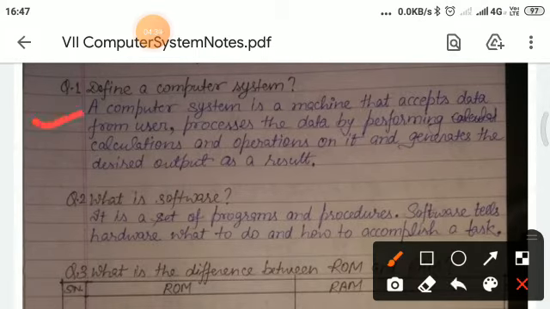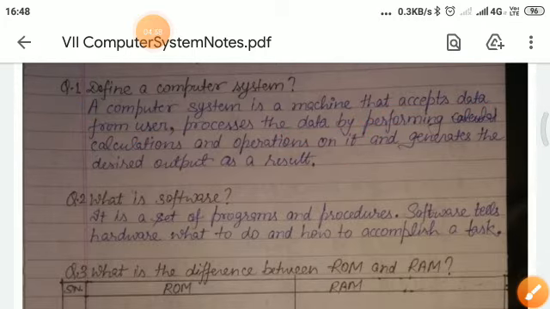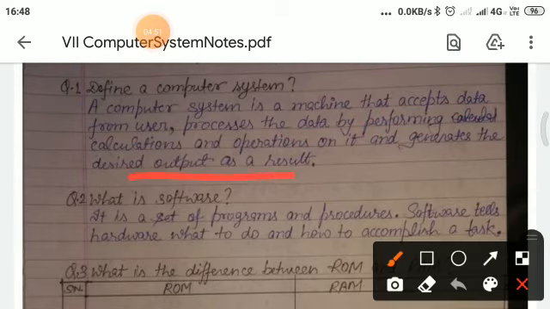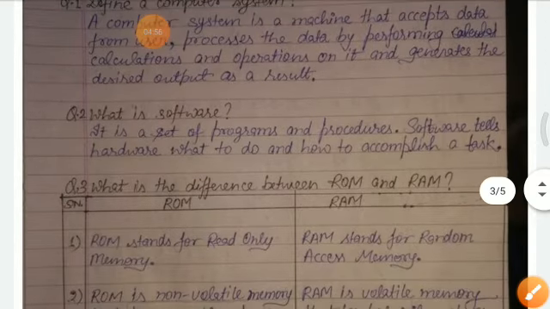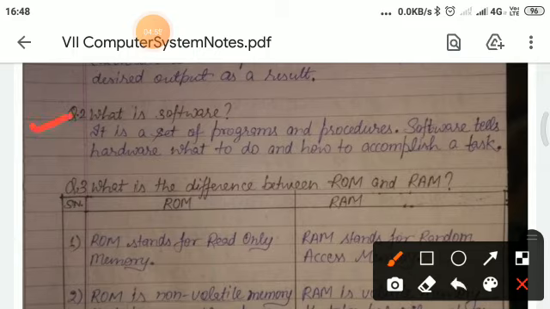A computer system is a machine that accepts data from user, processes the data by performing calculations and operations on it, and generates the desired output as a result. Okay, students, and your next question is what is software? Let's see. It is a set of programs and procedures. Software tells hardware what to do and how to accomplish a task.